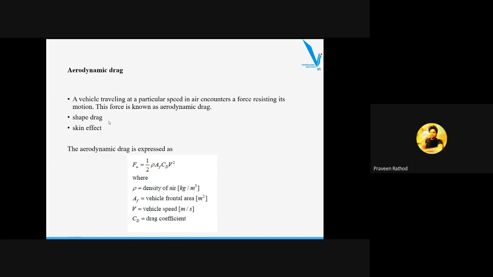On the other hand, the low pressure zone developed at the rear of the vehicle opposes motion by pulling it backwards. The more pressure is acting in front, and less pressure is acting at the back. That is how the shape drag arises.